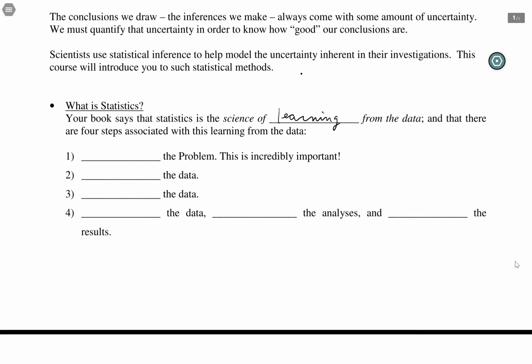And there's 4 steps associated with this learning from the data. The first step is you actually want to design the problem. If you're going to go out and gather data, you need to know how you're going to gather it, and you need to set up the problem, set up the design structure appropriately, and that's step 1 in learning from the data. Step 2 is collecting the data.